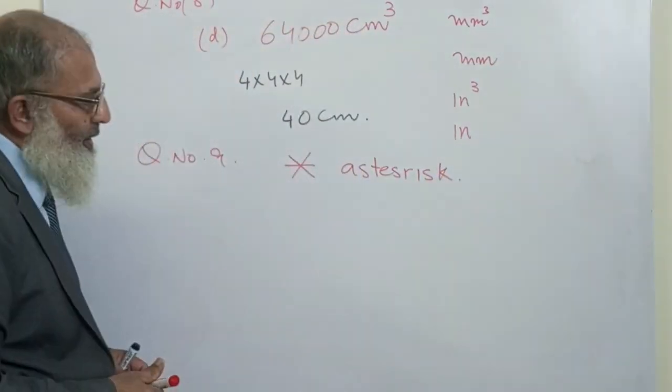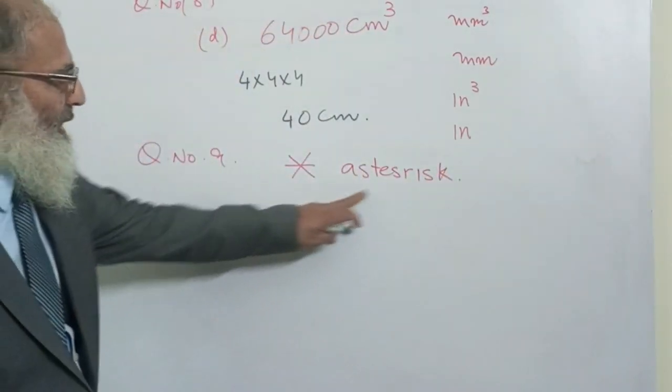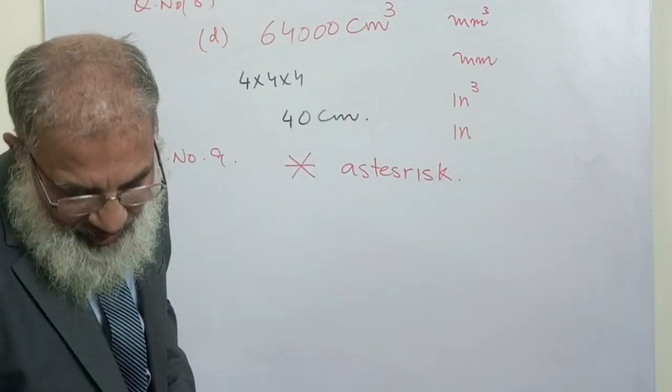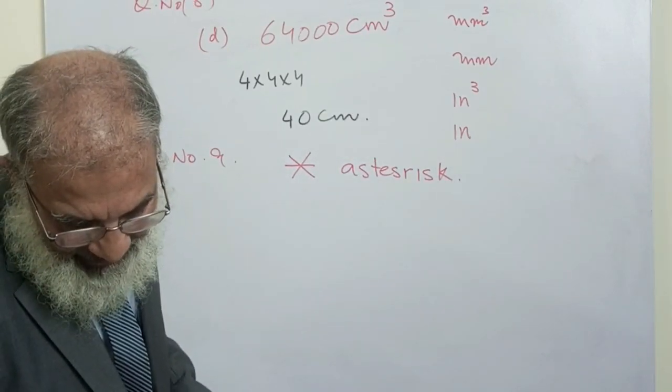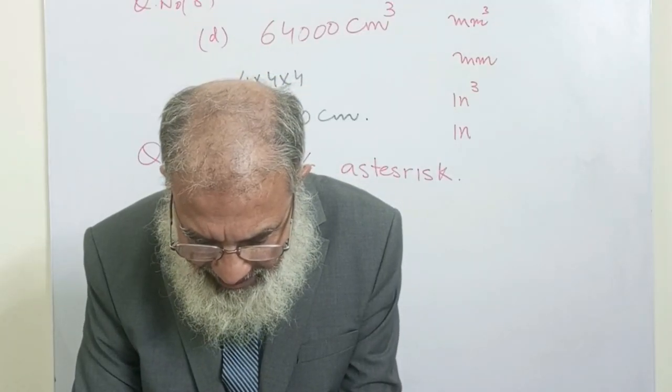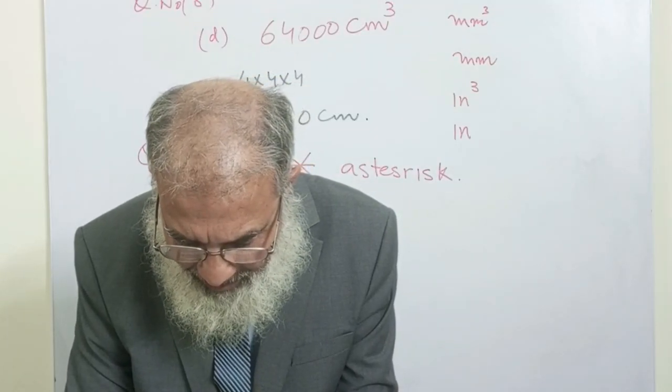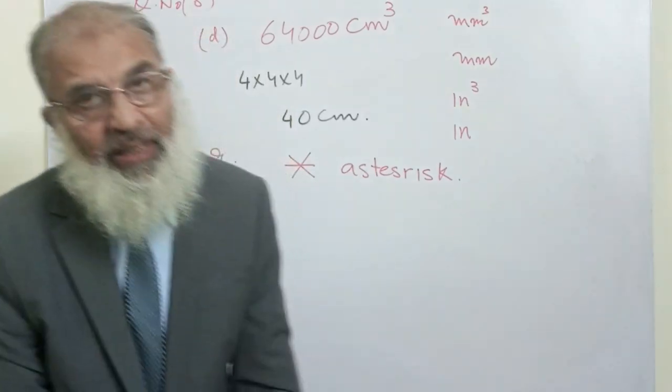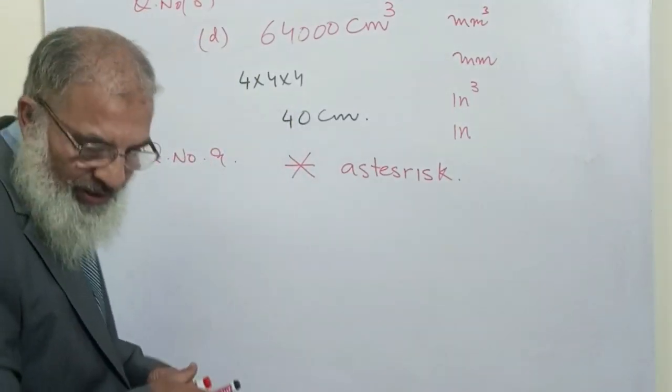Now the writer says if the symbol asterisk means add the square of first number to the cube of the second number, then calculate.